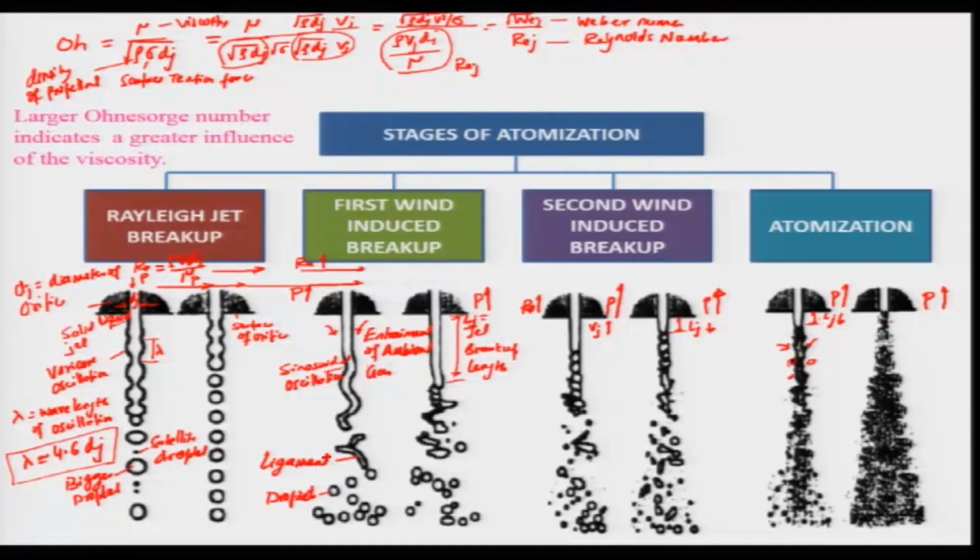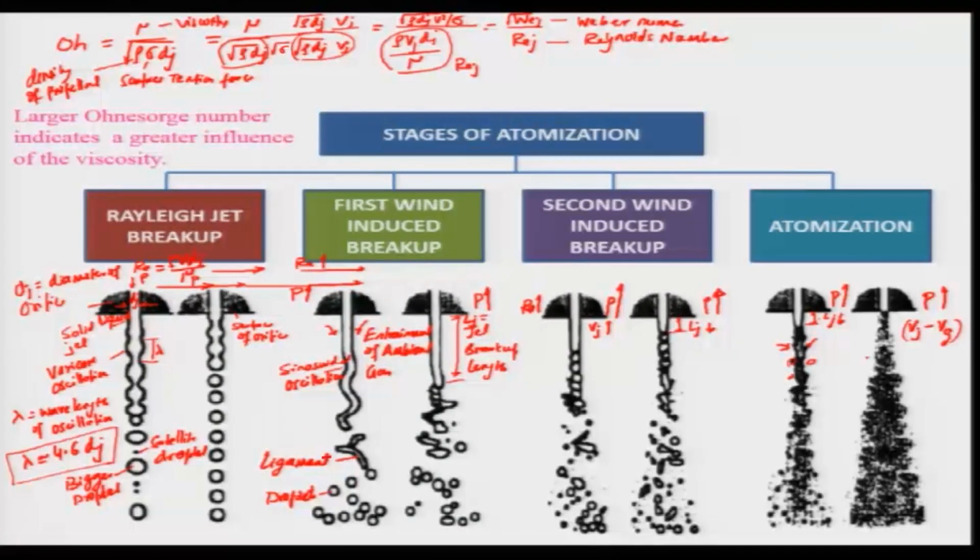And keep in mind that the relative velocity between the liquid jet, the Vj, and the Vgas will be higher. As a result, the droplet size will not be dictated by the diameter of the liquid jet, rather it will be in a much smaller range. In other words, the average diameter of the spray will be much lower as compared to the liquid jet diameter. And this is, as I told earlier, because the relative velocity between the jet and the ambient gas will be much higher.